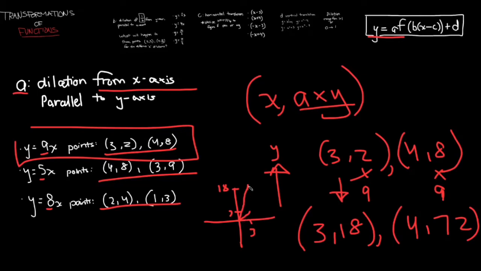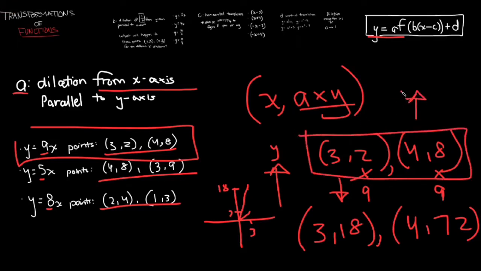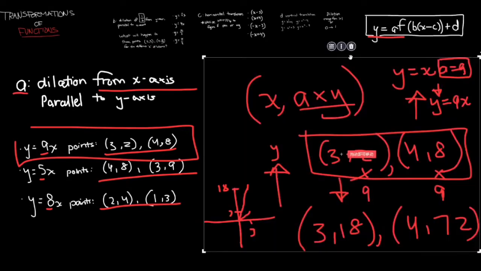It's increasing at a faster rate than before. So before, these coordinates were part of the old graph, which is y is equal to x. But since we added a variable of a, which is equal to 9, it has turned into y is equal to 9x, because we added a transformation, which is a.